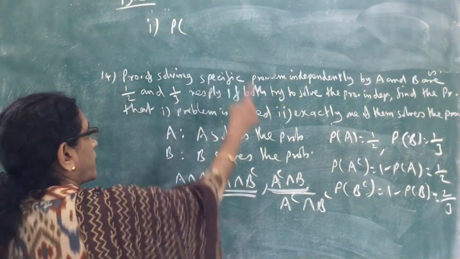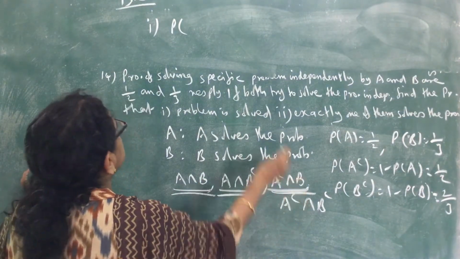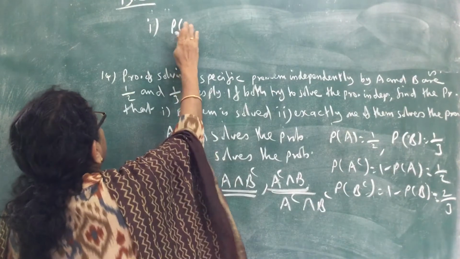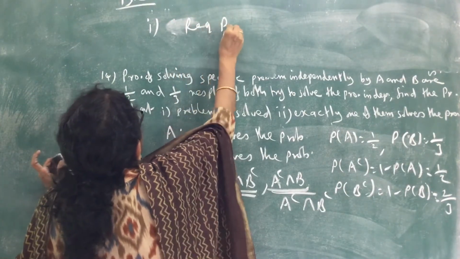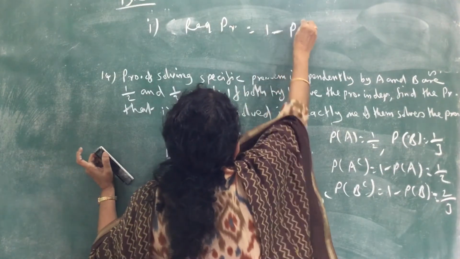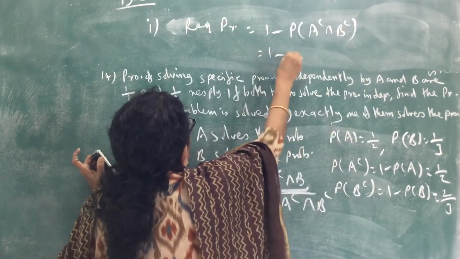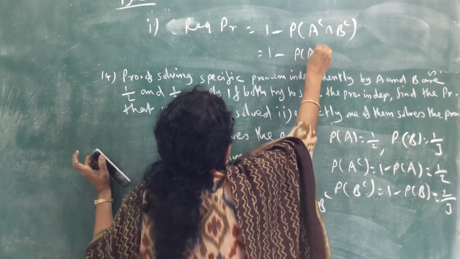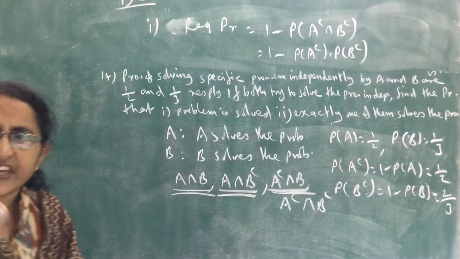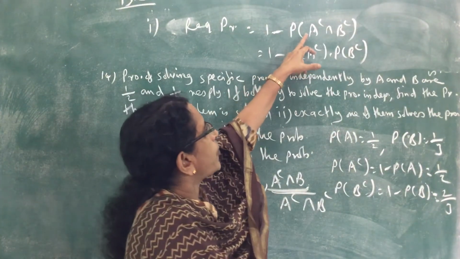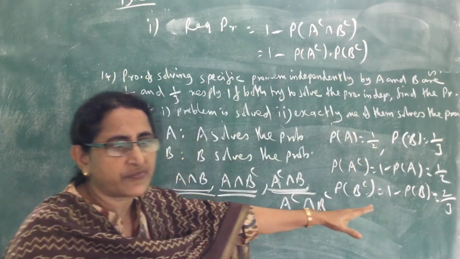So the required probability is equal to 1 minus probability of A complement intersection B complement. That is 1 minus probability of A complement into probability of B complement, because here they are independent events. Now substitute these values and find the answer.